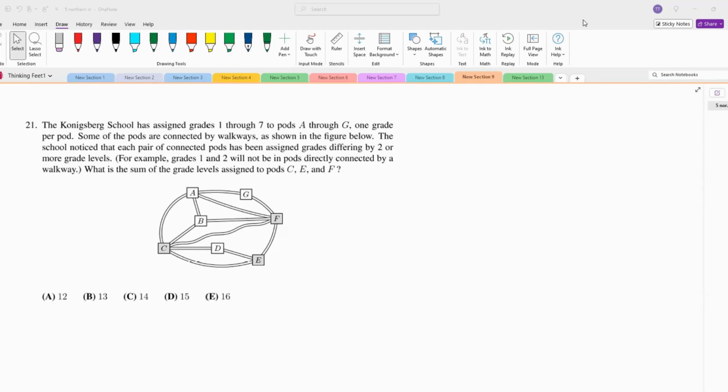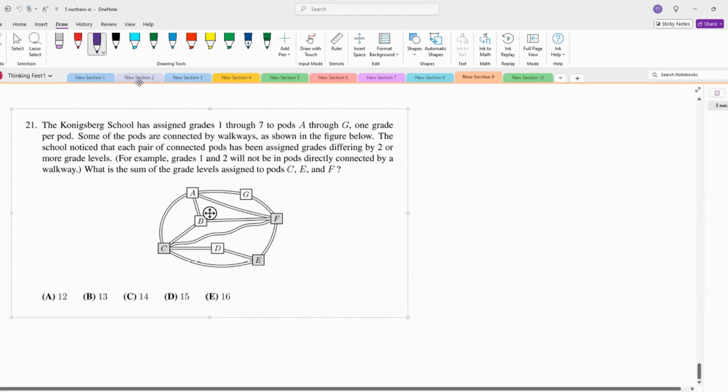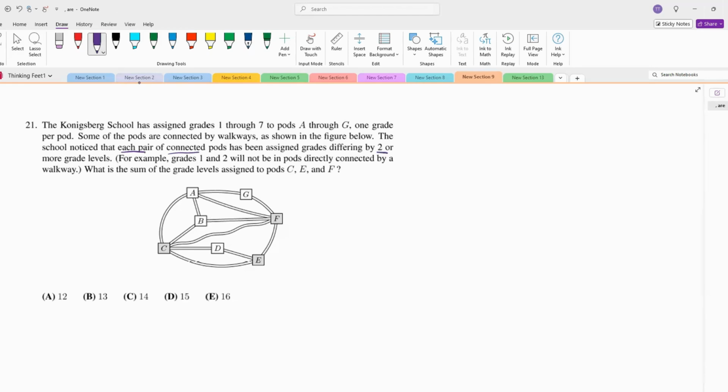Right, let's look at question 21. It's about this school that has assigned grades 1 through 7 to pods A through G, 1 grade per pod. Some of the pods are connected by walkways as shown. The school noticed that each pair of connected pods has been assigned grades differing by 2 or more grade levels.